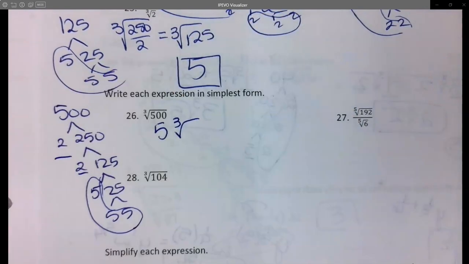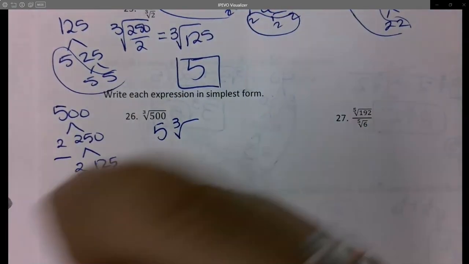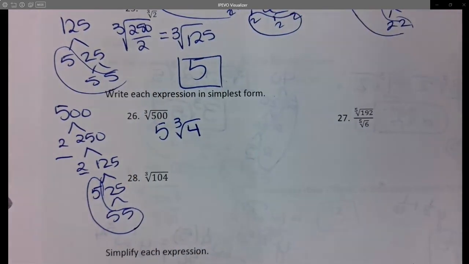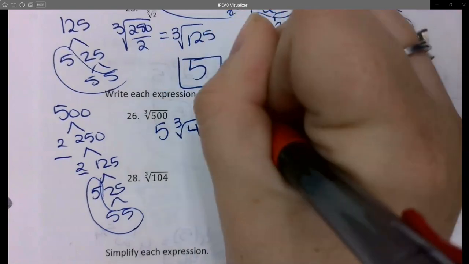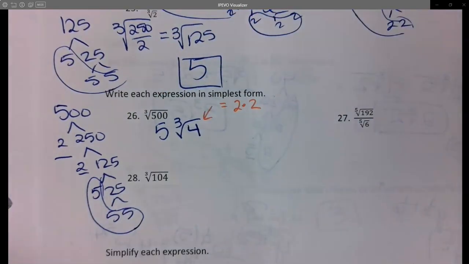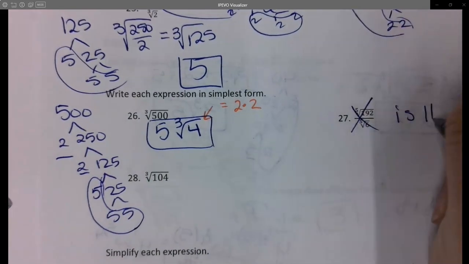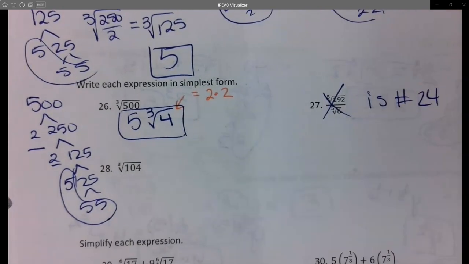I have 2 2s left over, so I do 2 times 2 on the inside, which is 4. Number 27 is number 24, so I'm going to skip that one.